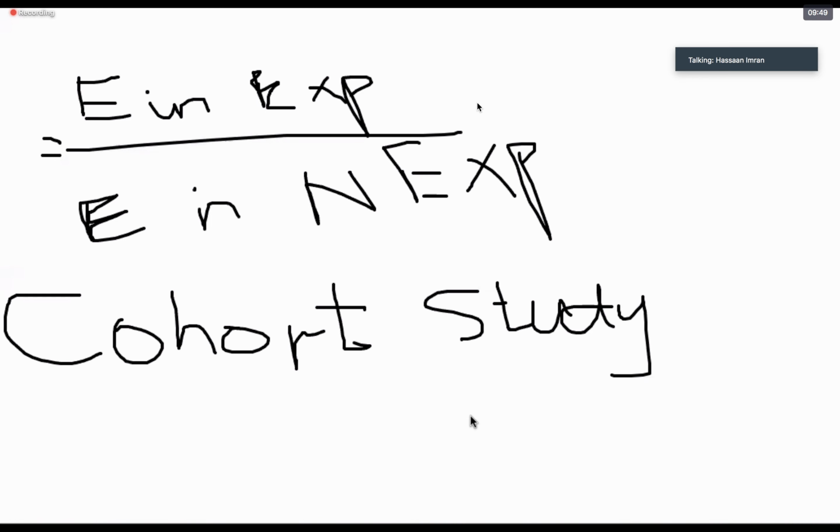Now, cohort studies allow us to calculate incidence. And for the calculation of relative risk, we need to have incidence, isn't it? Its formula says incidence among exposed and incidence among non-exposed.